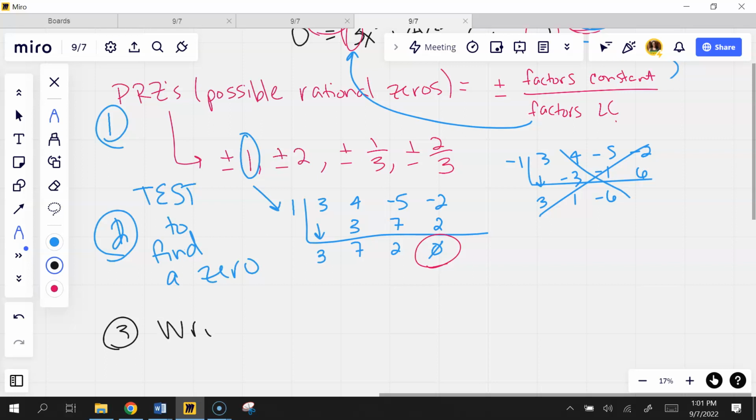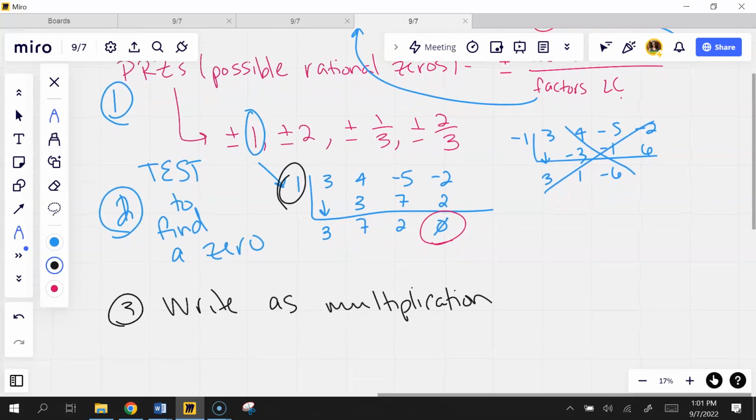now I want to write it as a multiplication problem. So just what I showed you, remember 2 factors multiplied together give you what you started with? Not 1 times, but this is the 0, so what would the factor be? There you go.